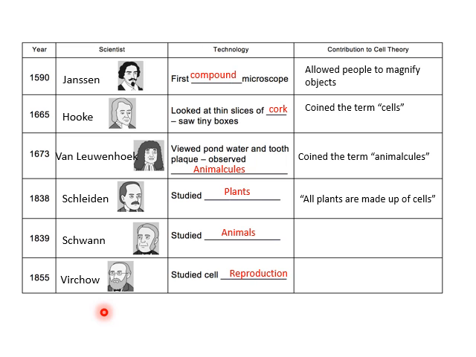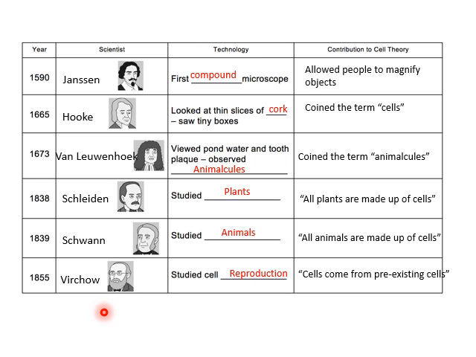Schleiden, one of the parts of the cell theory he contributed was that all plants are made of cells. Schwann said all animals are made up of cells, which to us is so obvious now, but again, we're going way back hundreds of years. And this guy said that all cells come from pre-existing cells. Remember, way back when, they didn't have refrigeration or the hygienic processes that we have now.